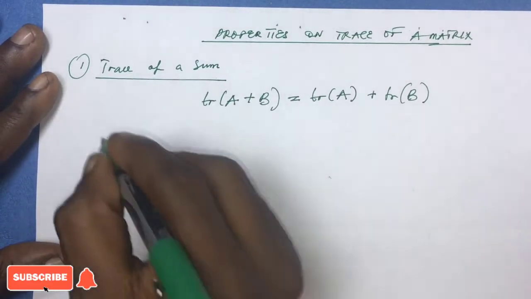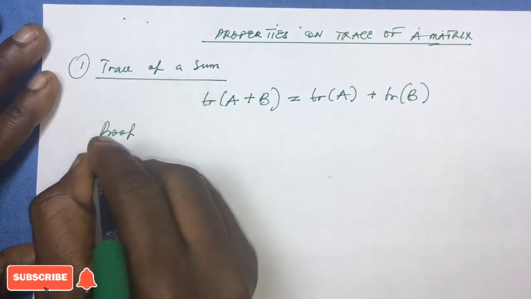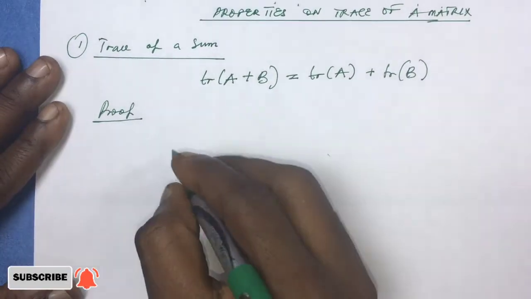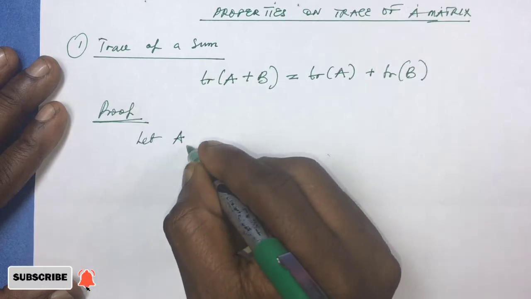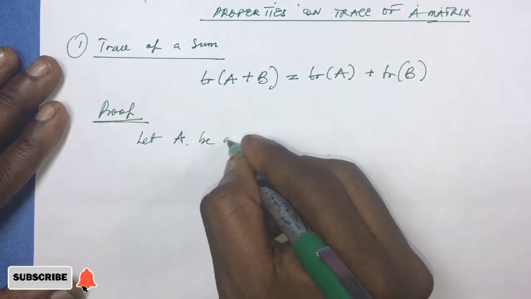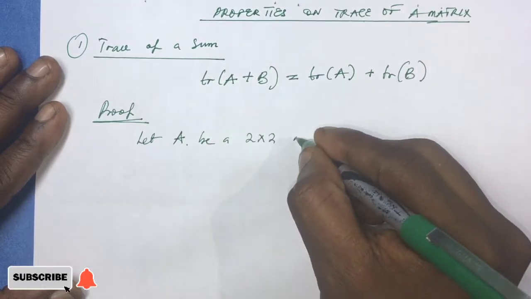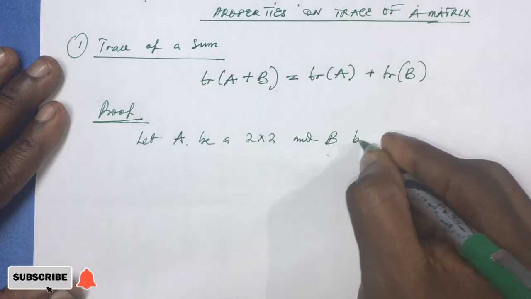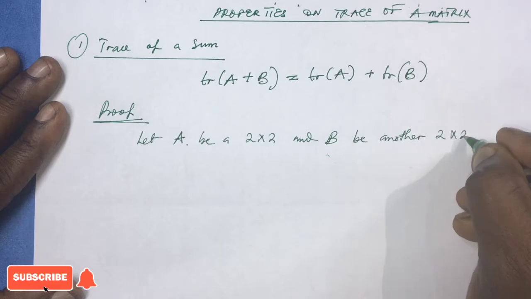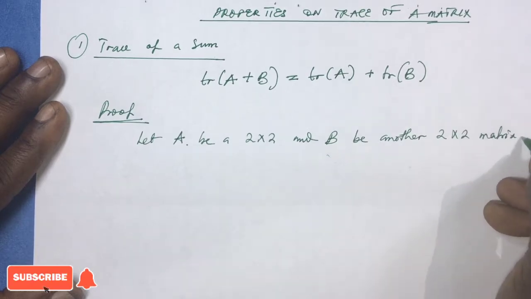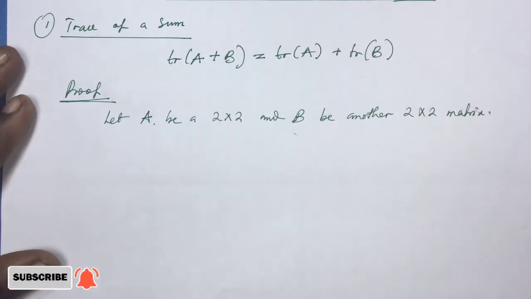Let us assume as proof that A and B are 2 by 2 matrices.